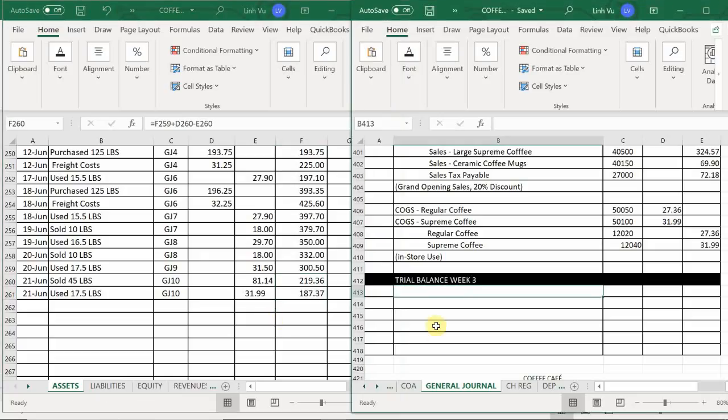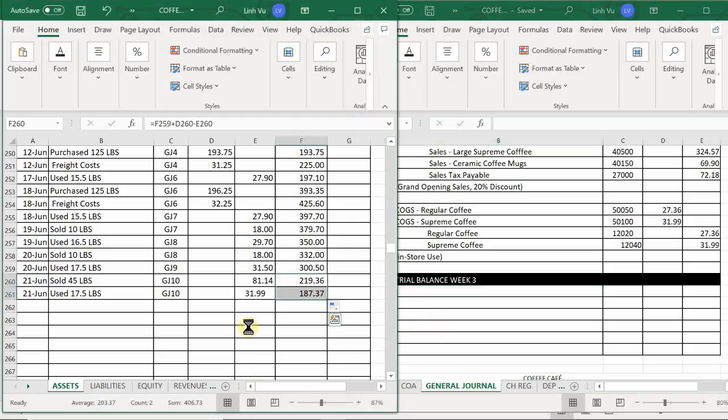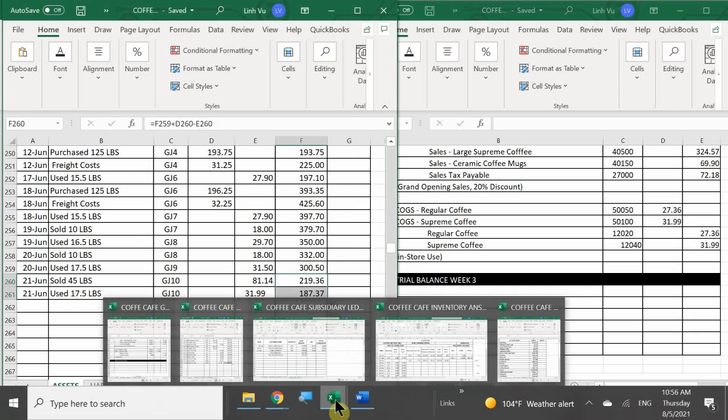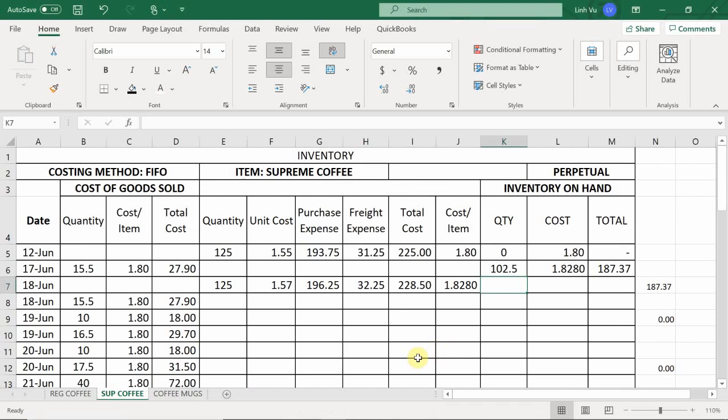So there we go. We finished our transactions. Save your journal, save your ledger, save your sub ledger, and also save your inventory worksheet.